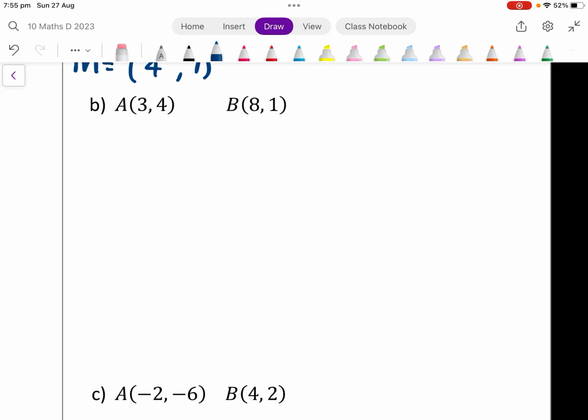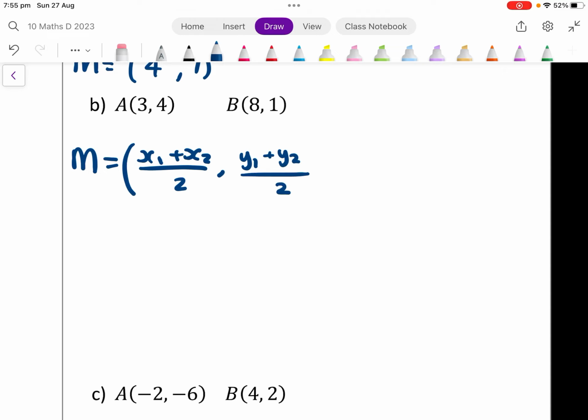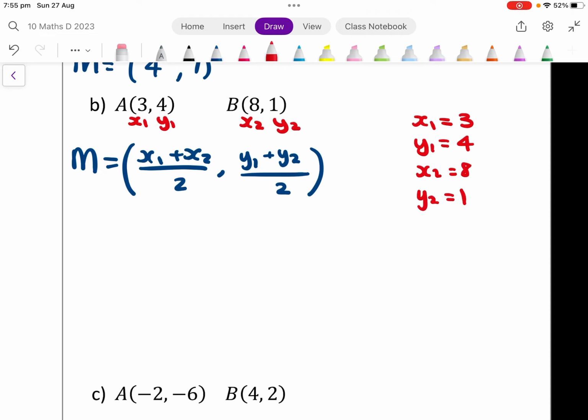So we have the points A (3, 4) and B (8, 1). Again, we're writing out our formula, m equals x1 plus x2 all over 2, y1 plus y2 all over 2. Over to the side, we have x1 equals 3, y1 equals 4, x2 equals 8, and y2 equals 1.